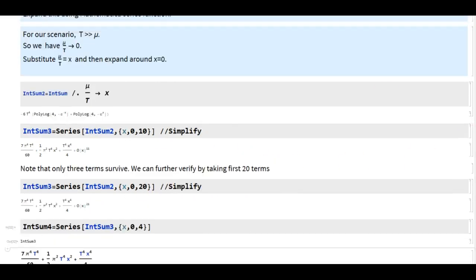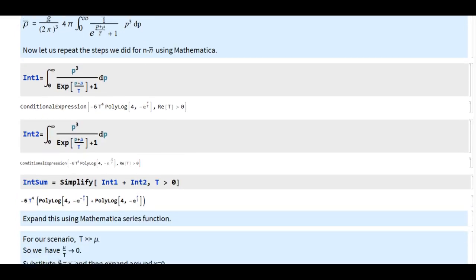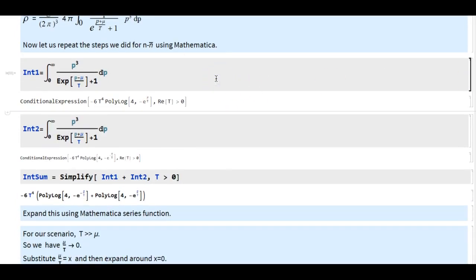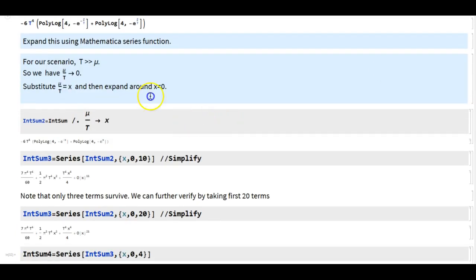I think I need to rerun all this. One second. Integral 1 is this. Integral 2 is this. Sum is this. And then I get this. Run this. And now you run this.